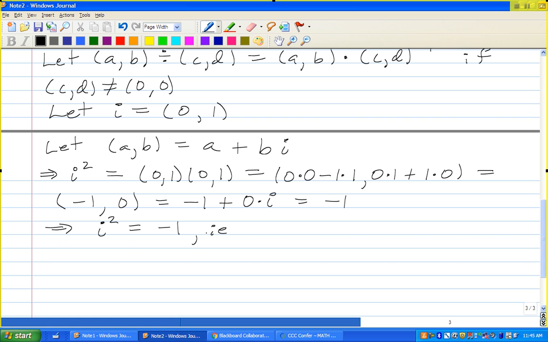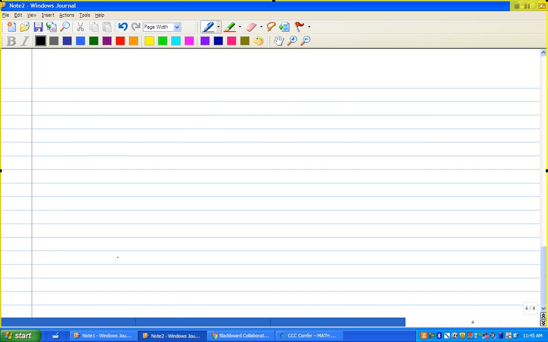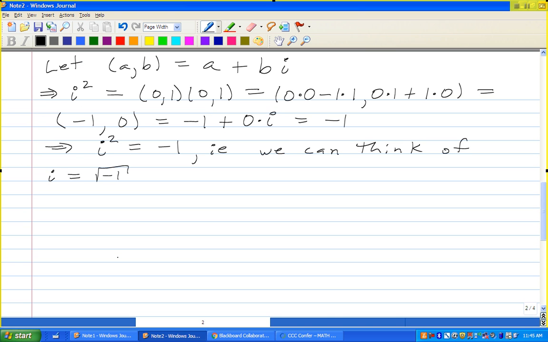In other words, we can think of i as being the square root of negative 1. And so we've made that concept understandable.